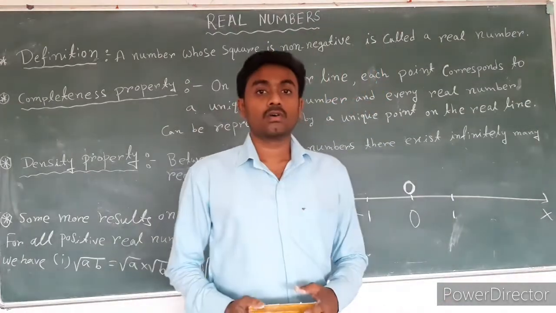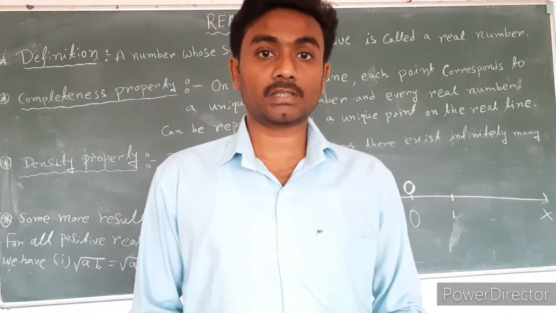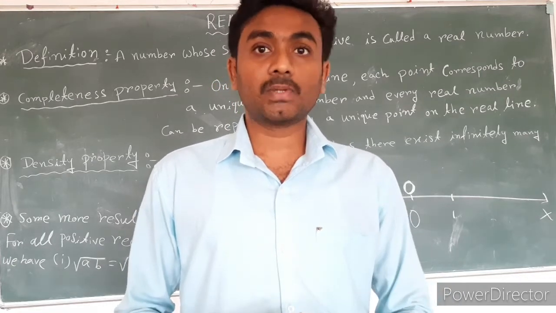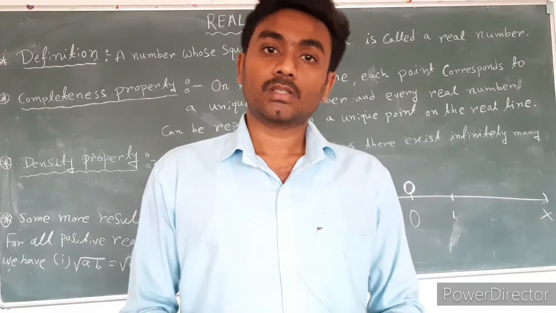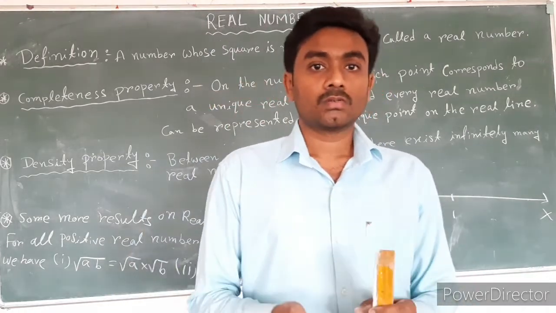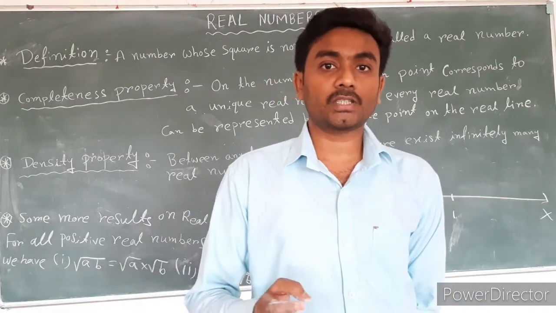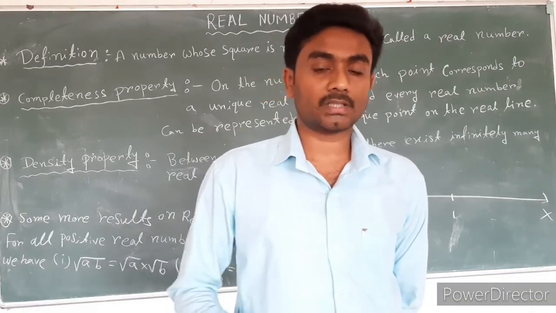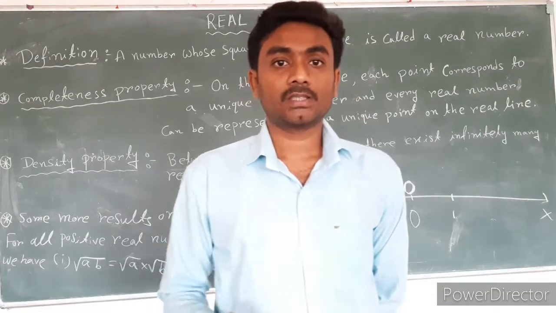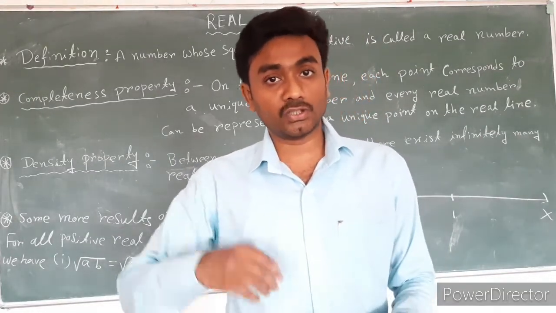Next we know the addition properties of real numbers and the multiplication properties of real numbers. In earlier classes we learned the properties of real numbers in addition and in multiplication. First, for addition, the closure property: the sum of any two real numbers is always a real number.